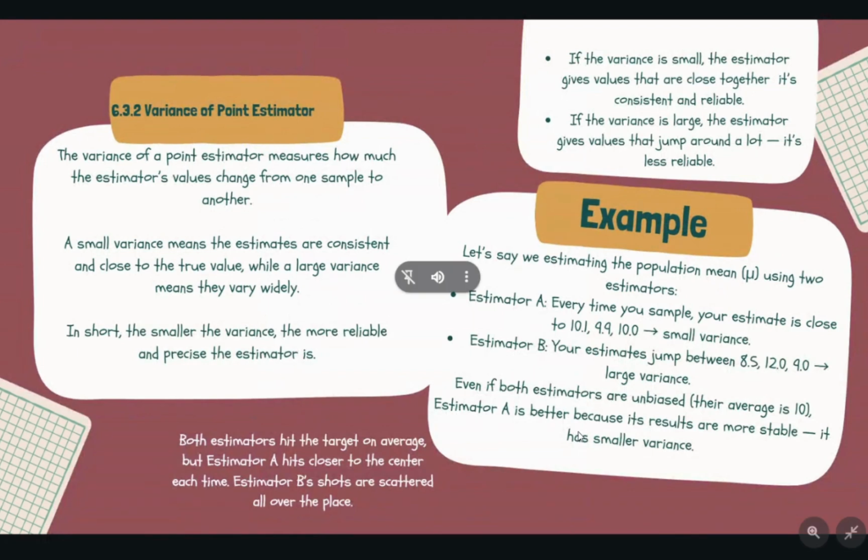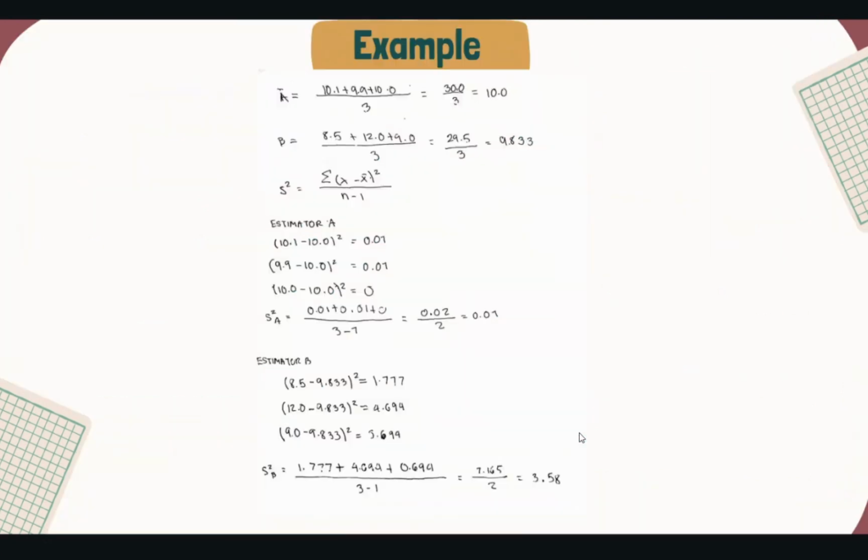As you can see, even if both estimators' average is around 10, estimator A is better because its results are more stable. As you can see on the slide, estimator A gets 10, which is our center, and B is 9.83, which is not the center or the target.